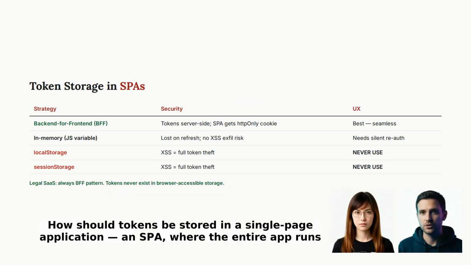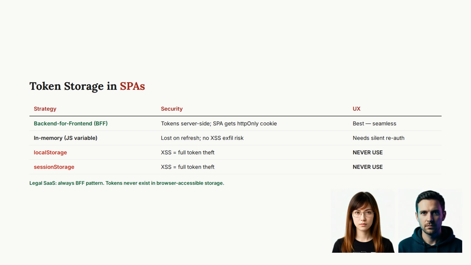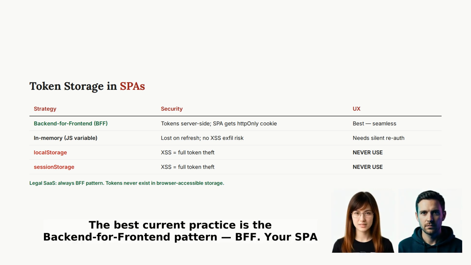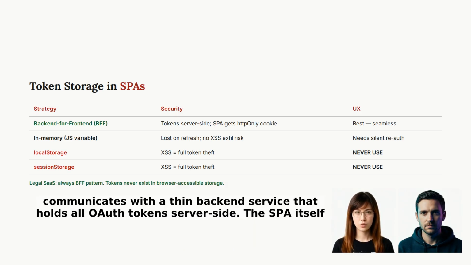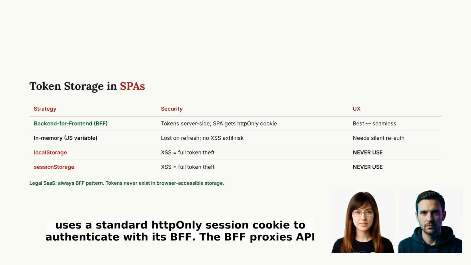How should tokens be stored in a single-page application, an SPA, where the entire app runs in the browser? The best current practice is the backend for front-end pattern, BFF. Your SPA communicates with a thin backend service that holds all OAuth tokens server-side. The SPA itself uses a standard HTTP-only session cookie to authenticate with its BFF.